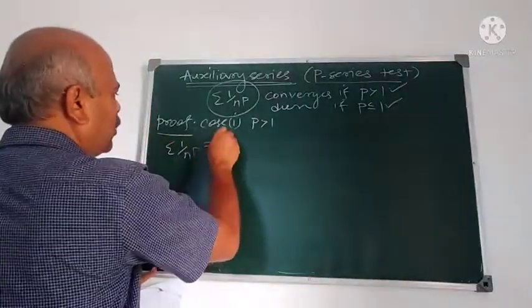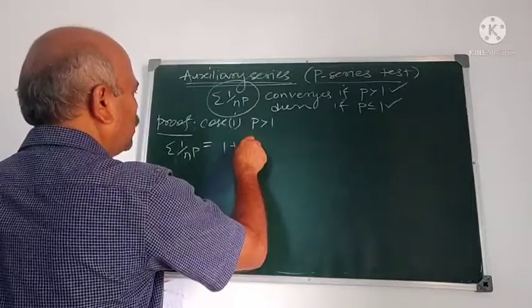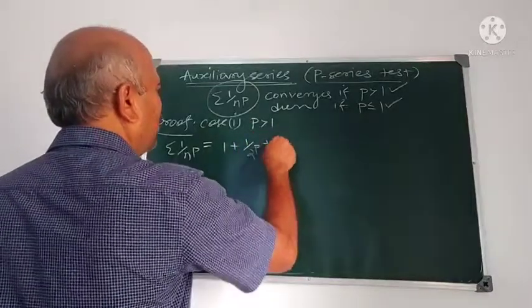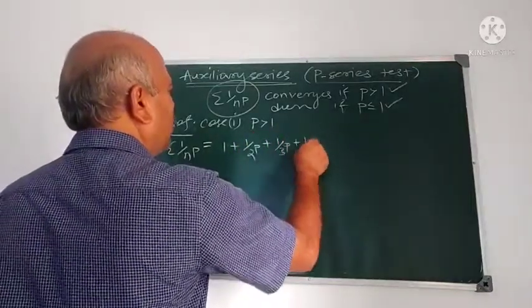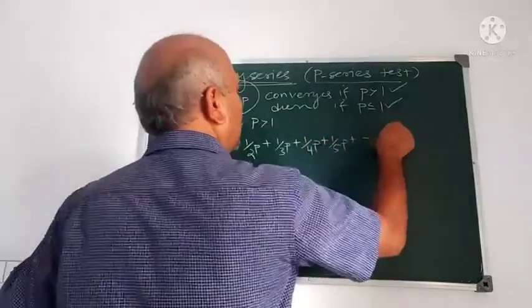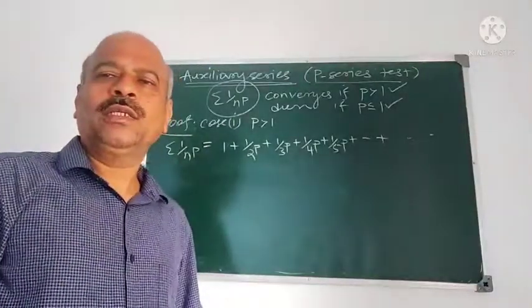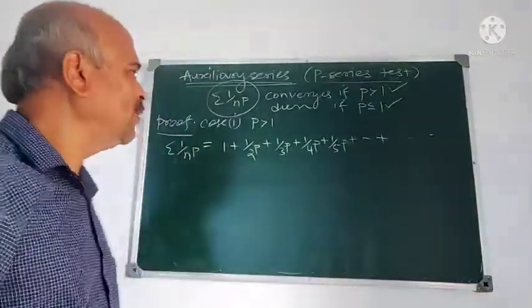Say, what is sigma 1 upon n raised to p? 1 plus 1 upon 2 raised to p, 1 upon 3 raised to p, 1 upon 4 raised to p, 1 upon 5 raised to p, and so on, up to infinity, because series means the number of terms is infinite.